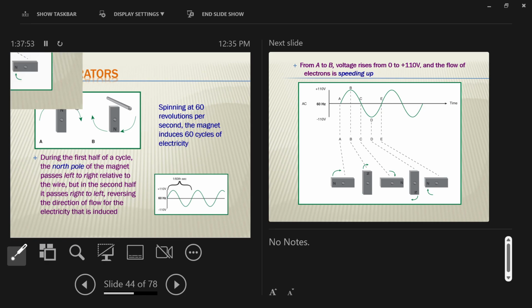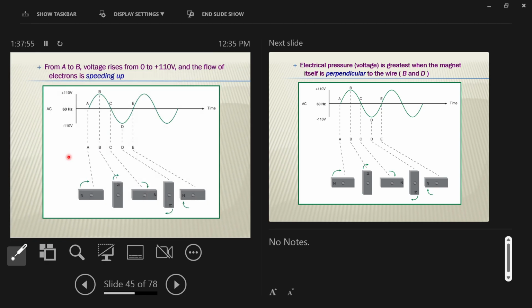So each position can be shown like this. With the bar horizontal, there is now an equal amount of push and pull. Said another way, nothing's happening, okay? If the bar is horizontal, nothing's happening. At point A here, nothing is happening, the bar is horizontal. As the bar spins, it begins to drag the electrons in one direction.